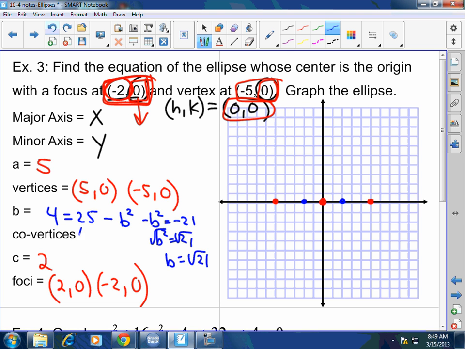So my co-vertices are going to be (0, square root of 21) and (0, negative square root of 21). Square root of 21 is just a little bit less than 5, right? So just go a little bit less than 5. 1, 2, 3, 4, 5, so about there. Those are my co-vertices. And that is my ellipse.